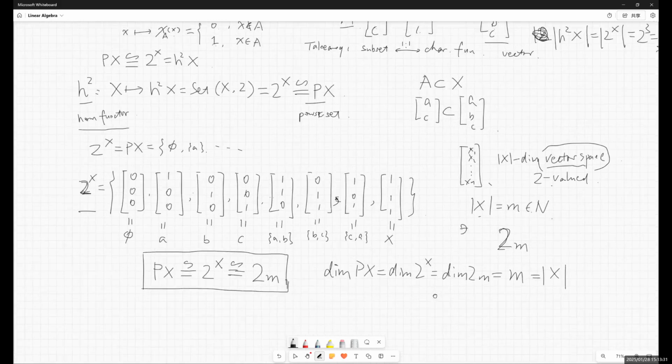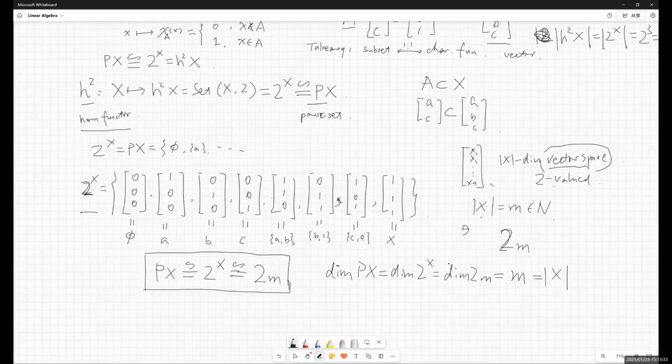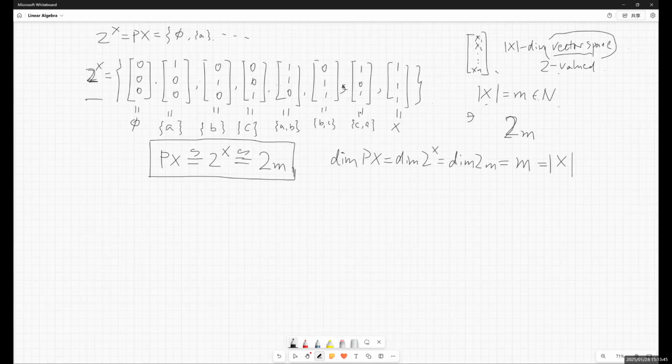And finally, we talk about basis. We have 3 singletons in the power set. So given any set X, if X has a cardinality of M, it has M singletons.